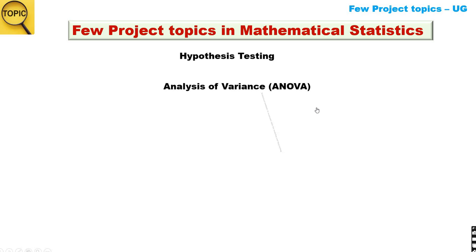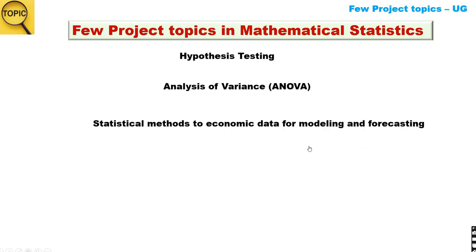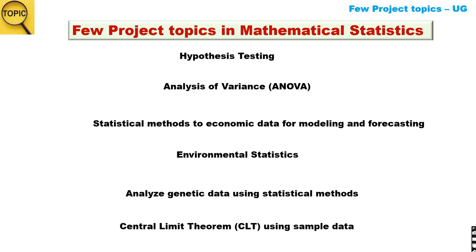Then in mathematical statistics, we can have hypothesis testing. Very interesting one again. With the help of a questionnaire, this can be discussed. Then ANOVA, analysis of variance, statistical methods applied to economic data for modeling and forecasting, environmental statistics, analyzing genetic data using statistical methods, central limit theorem using sample data.